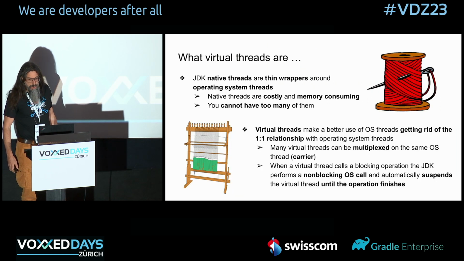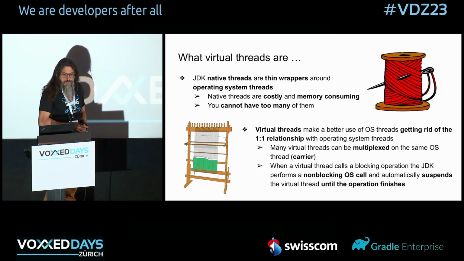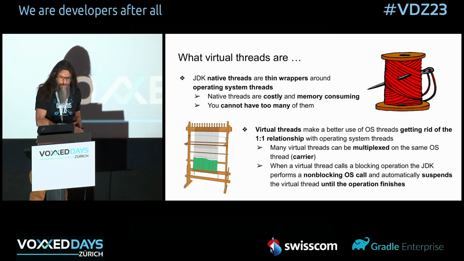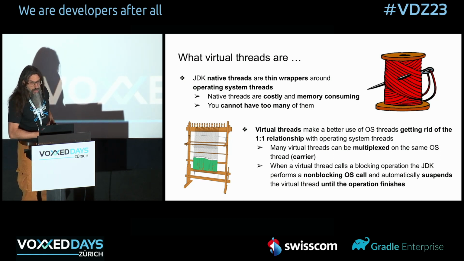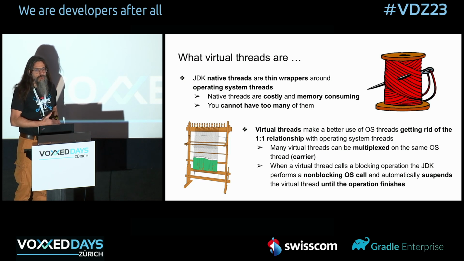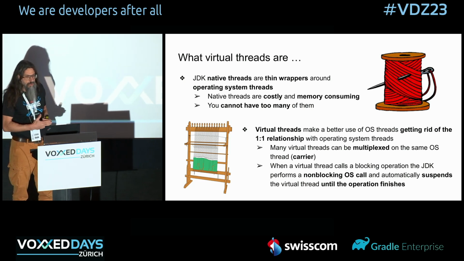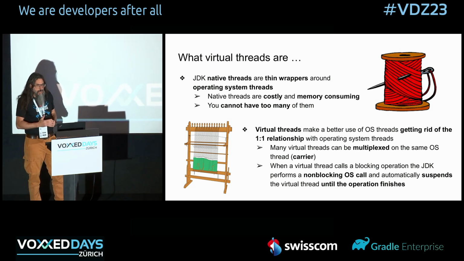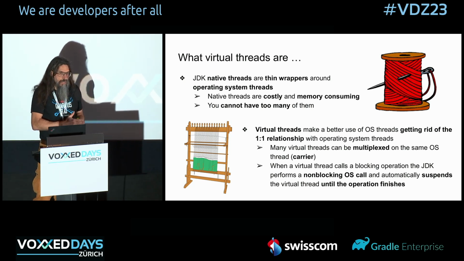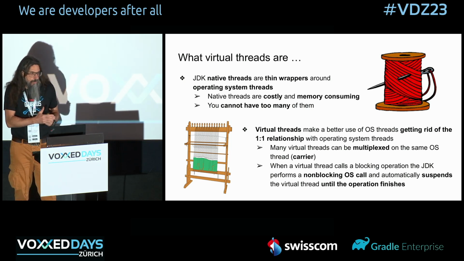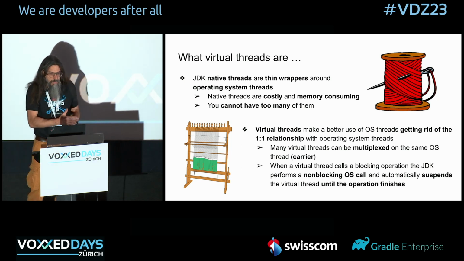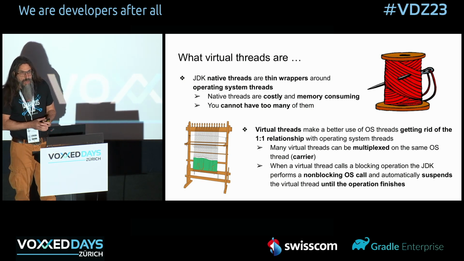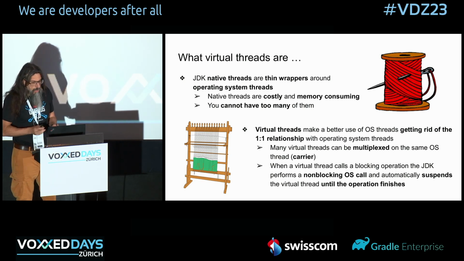Okay, so let's figure out how we arrived here, why we are speaking about virtual threads. As you all know, in Java, you mostly have what we call just threads, but they are native threads, meaning that they are threads that are borrowed by the operating system. And what Java does is just creating a very thin wrapper around them.